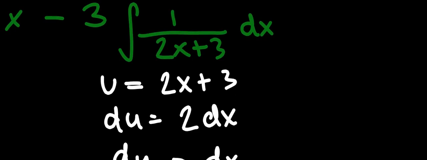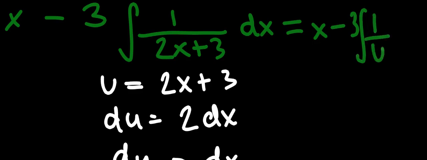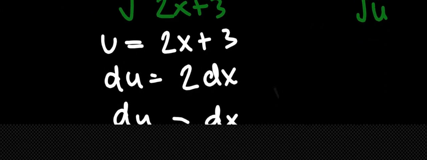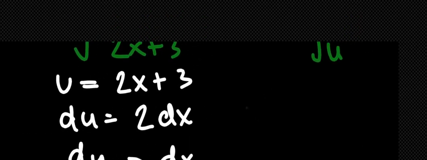So this would be equal to x minus 3 times the integral of 1, and our u is 2x plus 3, 1 over u. And then our dx, we decided, would be equal to du over 2.